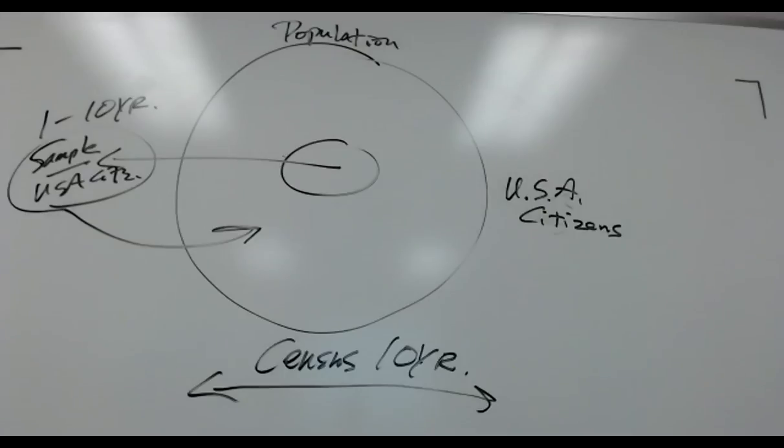All right, so we just said a population is a collection of all possible individuals, objects, or measurements of interest. Wisconsin, you still seeing the board? Yes. All right. A sample is going to be a portion or part of the population.